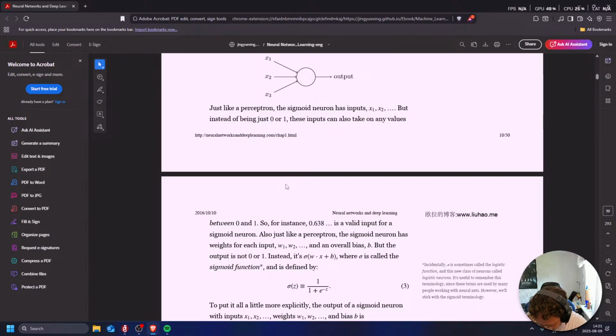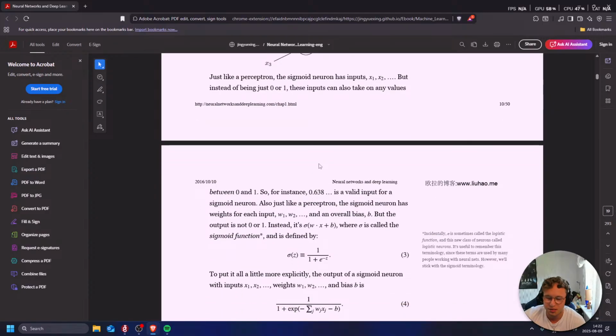So we are talking about floating point numbers now. That's good. So for instance, 0.638 is a valid input for a sigmoid neuron.